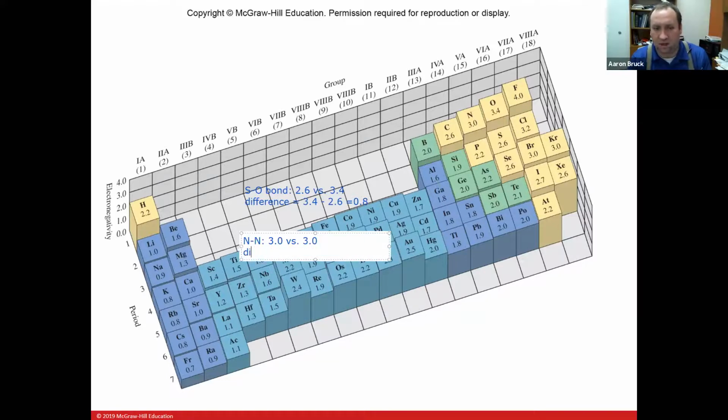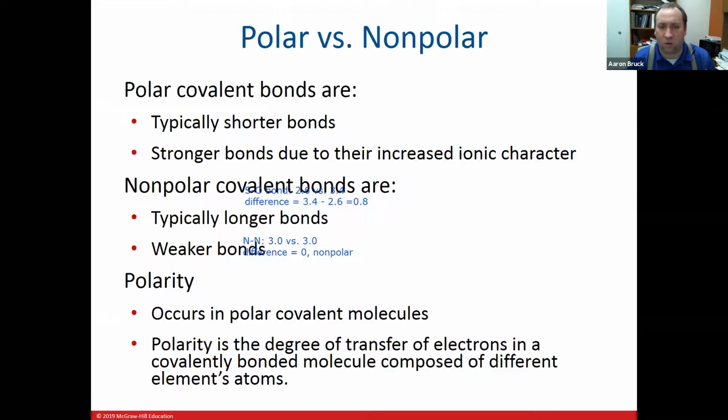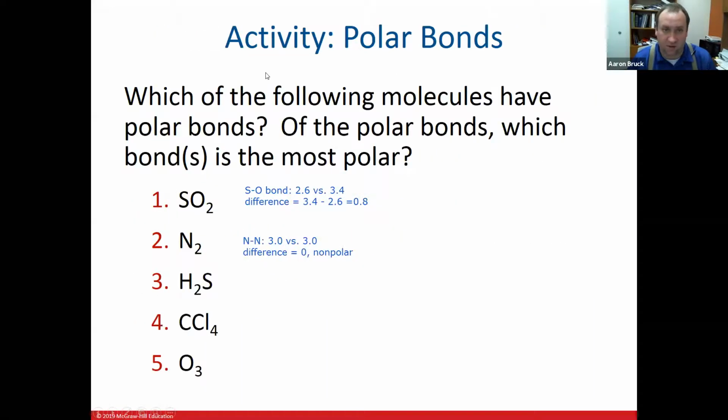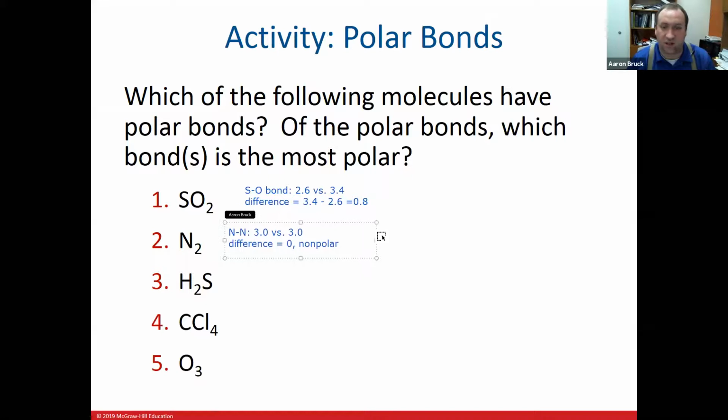The difference here is 0, so these are nonpolar bonds. And as a result, the substance itself, nitrogen, is a nonpolar molecule. You can't have polar molecules if you have nonpolar bonds.